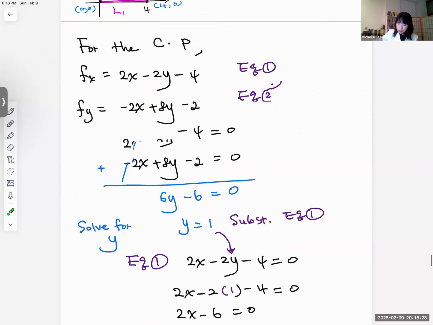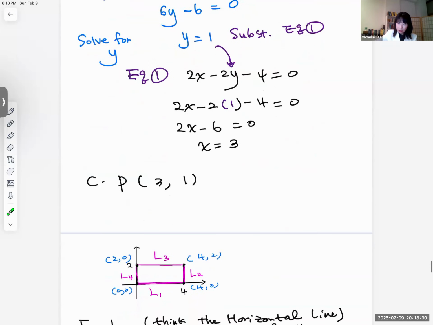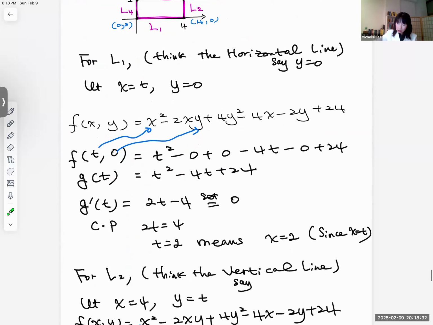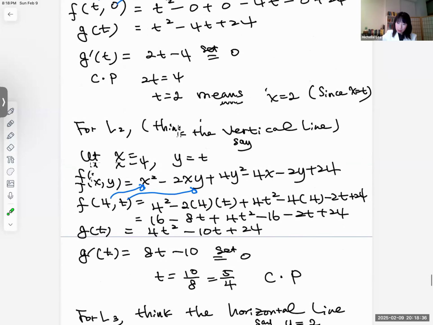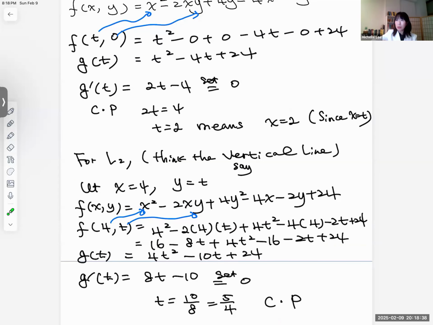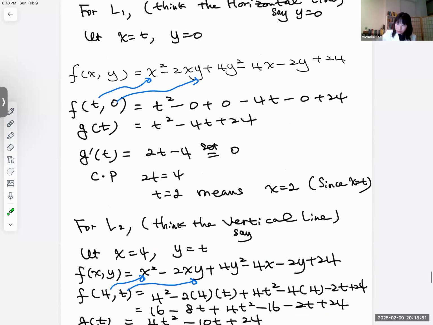So critical points, the first one is 3, 1. And from line 1, we have 0, 2. Wait a minute. If we have x equal to 2, that means y equals 0, right?